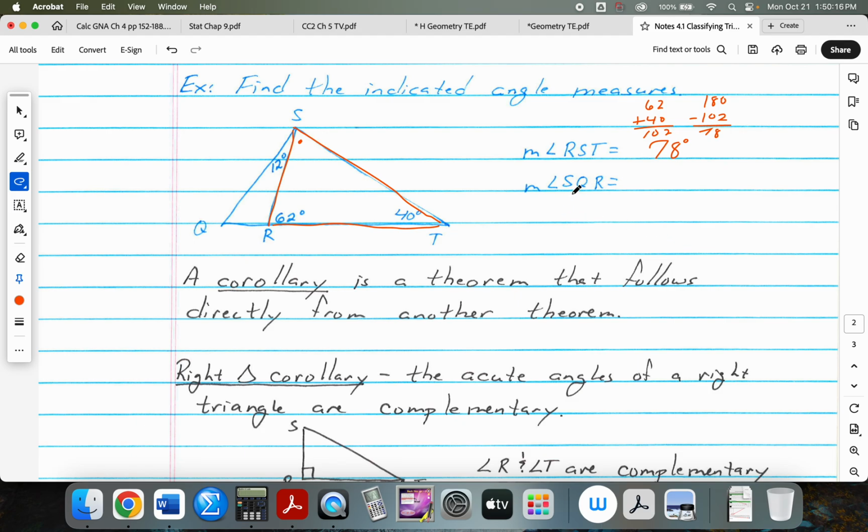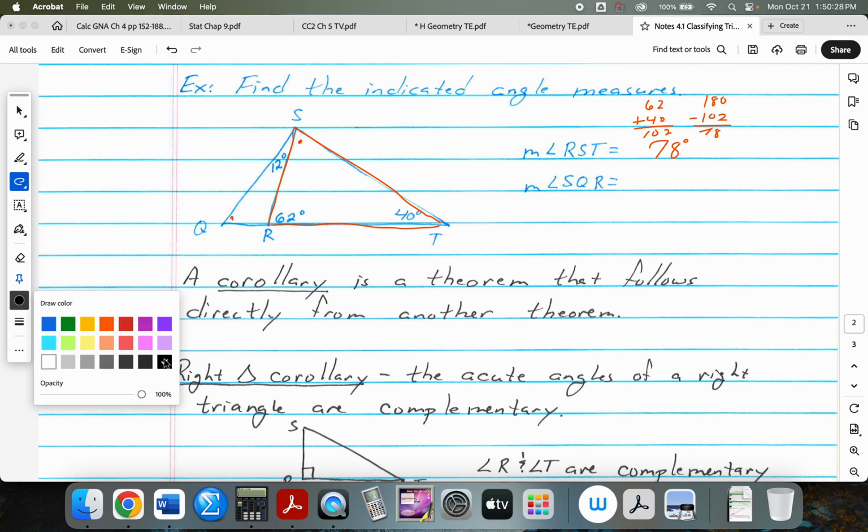Now I want to find the measure of angle SQR. So S to Q to R. Q is the vertex, S is on one side, R is on the other side. I'm looking for this angle right here. There are two very different ways to do this.